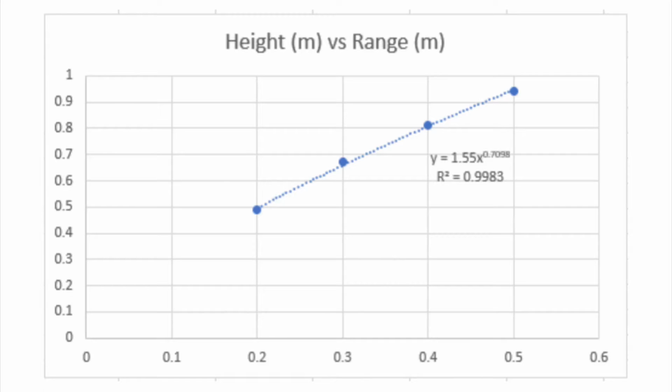The r-squared value is remarkably close to 1, and the displayed equation of y equals 1.55 x to the power of 0.7 is different from the simplified theoretical model of x equals 1.23 h to the power of 1/2.